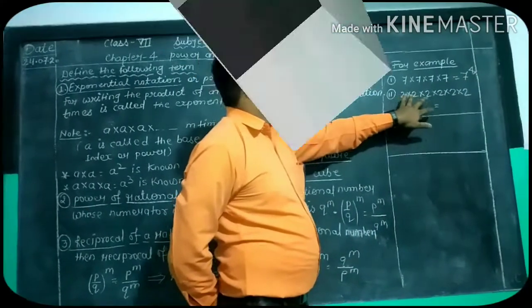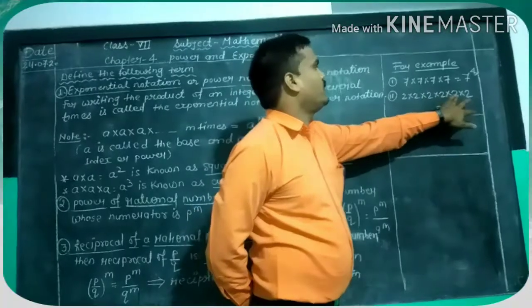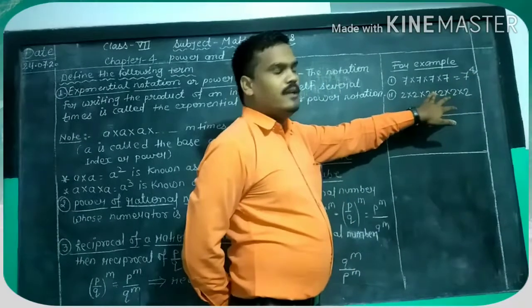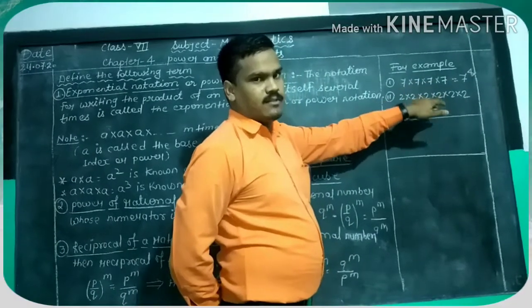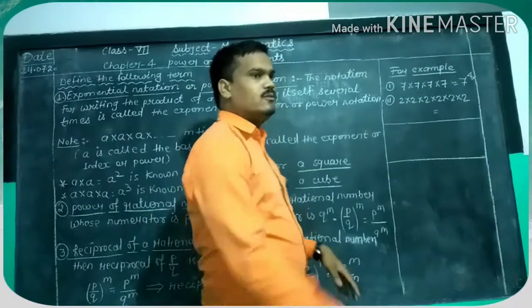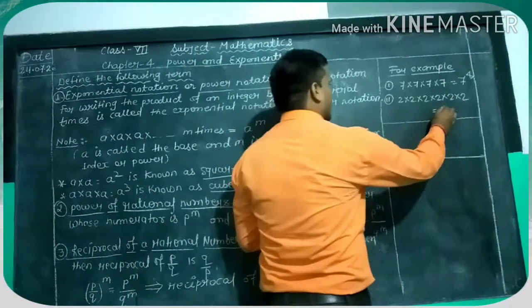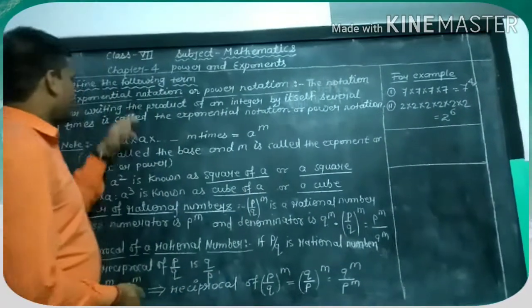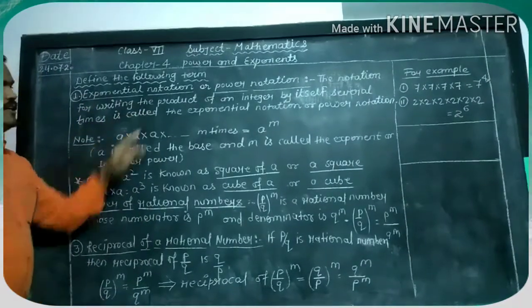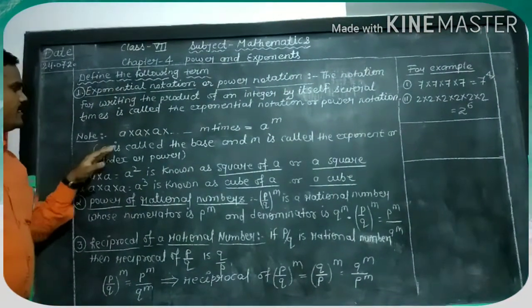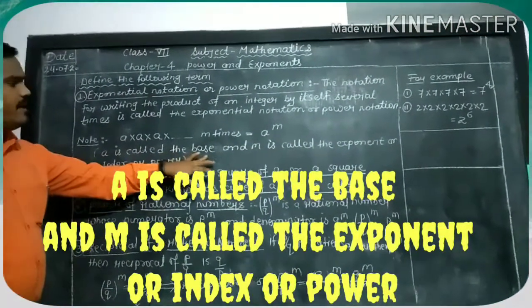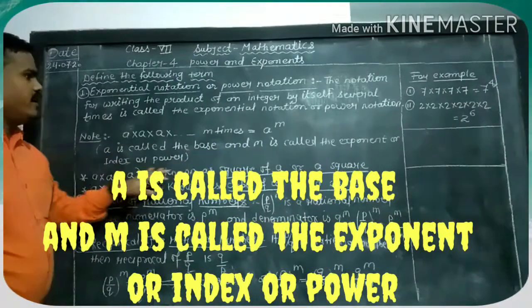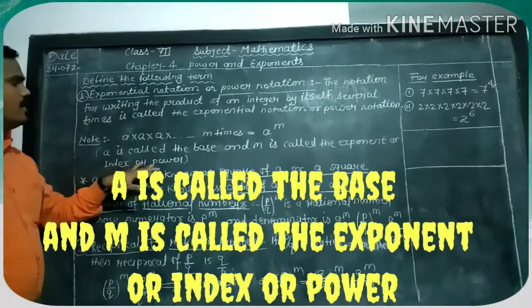Again here 2 into 2 into 2 into 2 into 2 into 2. In total I have written the number 2 six times, so we can write 2 to the power 6 in exponential notation. Here a is called the base and m is called the exponent or index or power.